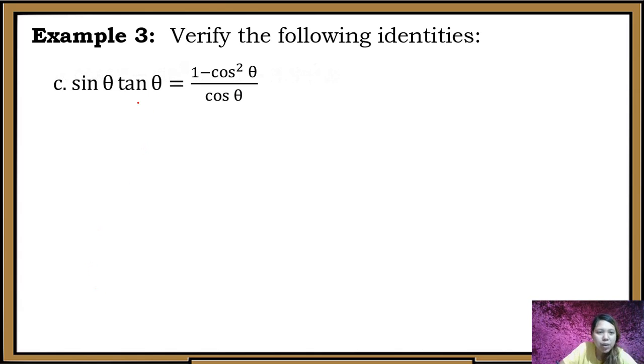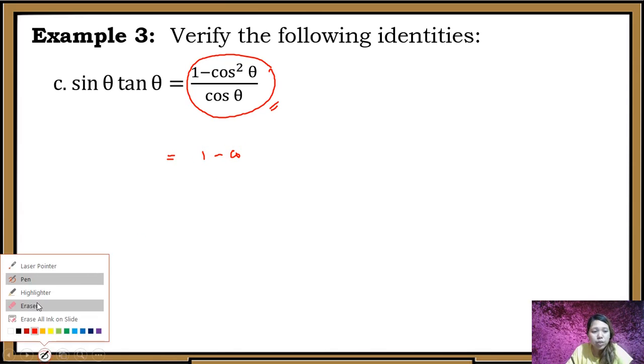Next, letter C. We have here sine theta tangent theta equals 1 minus cosine squared theta over cosine theta. We are going to manipulate the right side of our expression. So we have 1 minus cosine squared theta.